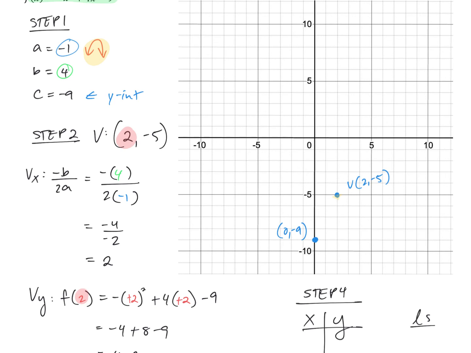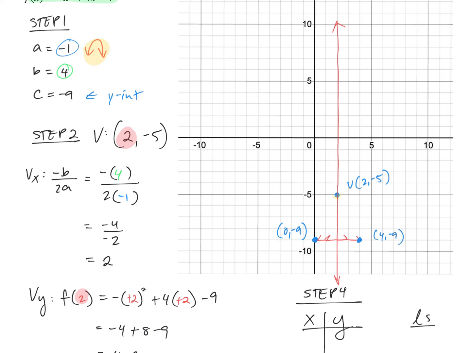The answer is yes. Why? Well, because we have one point that is missing its match. Let me go ahead and draw in my line of symmetry. Once again, this is not something you need to draw in. But you'll notice the y-intercept is 2 away, which means there must be a point that exists 2 away on the other side. So with the line of symmetry, I have found my other point, which is 4, negative 9.